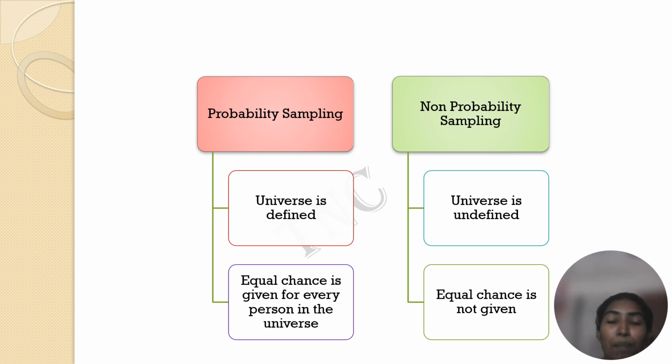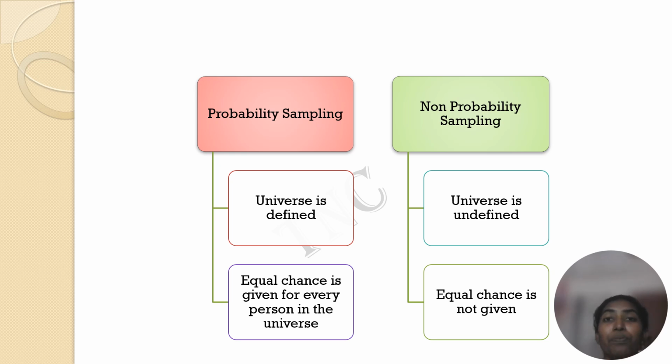In non-probability sampling technique, the universe is undefined. So you will not be able to find the total number of population in specific research.